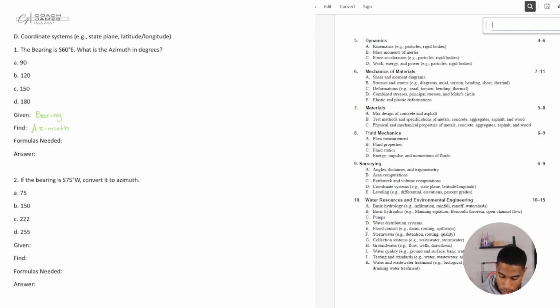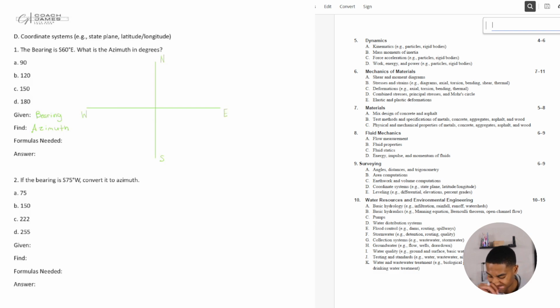So first I'm going to draw a y-axis and an x-axis. You have your quadrants 1, 2, 3, and 4, and this would be considered north, this would be considered south, this is west, and this is east.